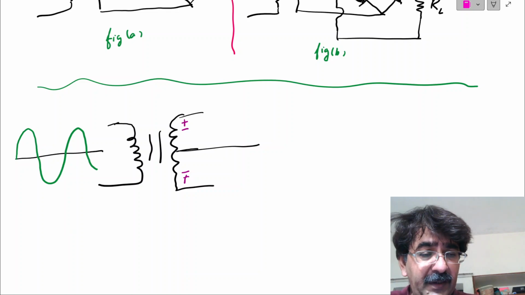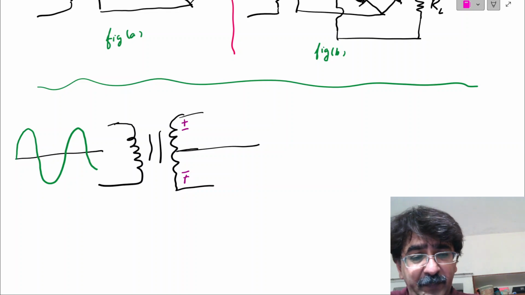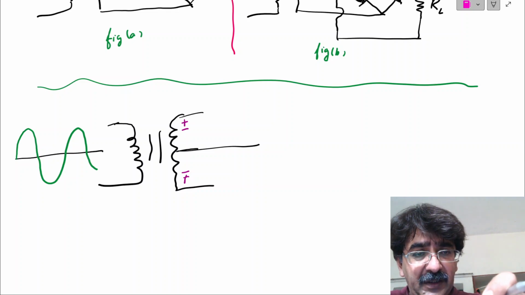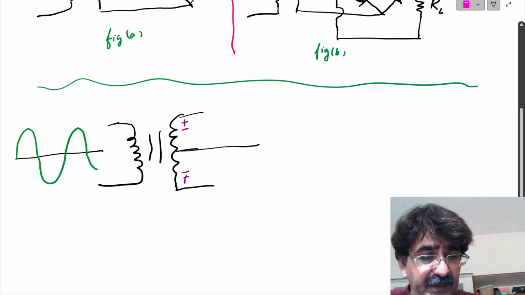If the first terminal is negative, then the second terminal will be positive. If the first terminal is positive, then the second terminal will be negative.